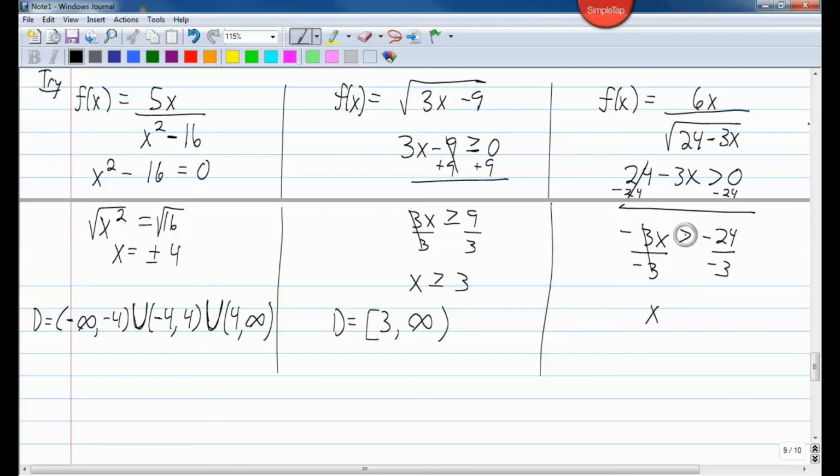So this is now x is less than, because we divided by a negative. Negative 24 divided by negative 3 is a positive 8. So x is less than 8. So the domain is from negative infinity to positive 8, because it's less than 8. So 8 or less.